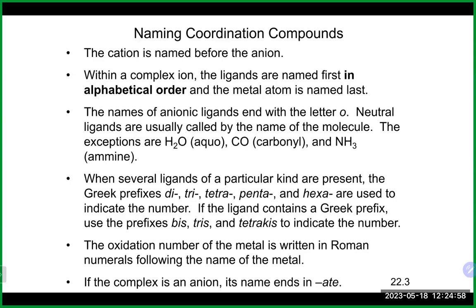Now, if you do have several of the same ligands present, we do use some Greek prefixes, which are di, tri, tetra, penta, and hexa. So these are kind of normal things. Di is 2, tri is 3, tetra is 4, penta is 5, hexa is 6.